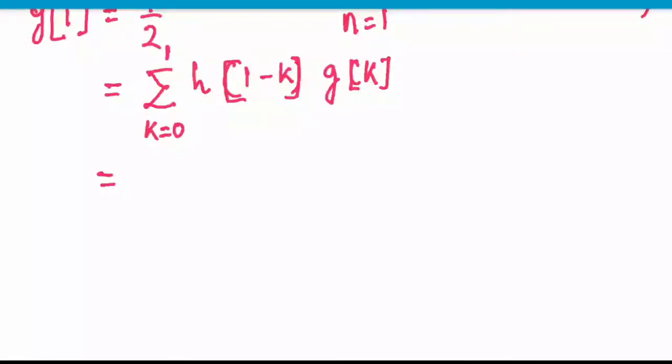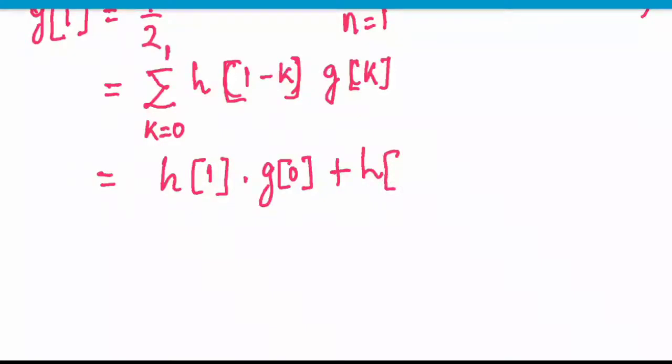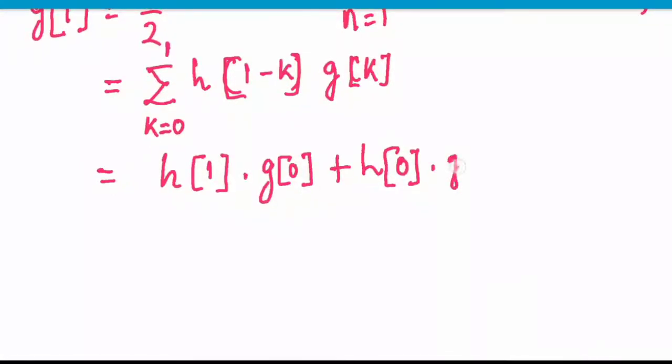For k equal to 0, this will be h of 1 minus 0, so h of 1 into g of 0, plus, for k equal to 1, h of 0 into g of 1. So half is equal to h of 1 into g of 0 plus h of 0 into g of 1.